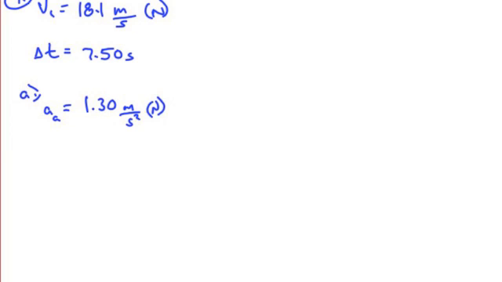So what is the velocity of the car? What is the final velocity? VFA is, well, we don't know. But acceleration is final velocity minus initial velocity all over the change in time. So we need to rearrange this equation to solve for VF because we're given everything else.